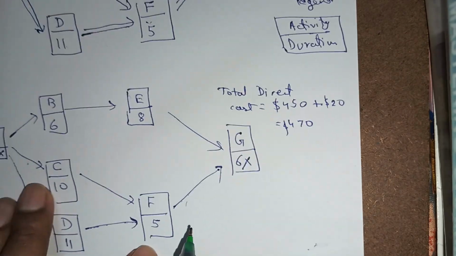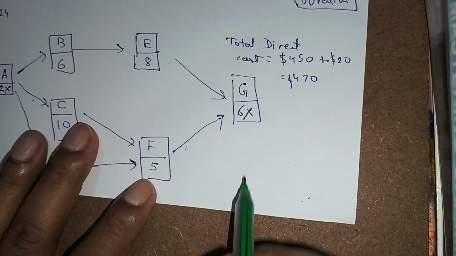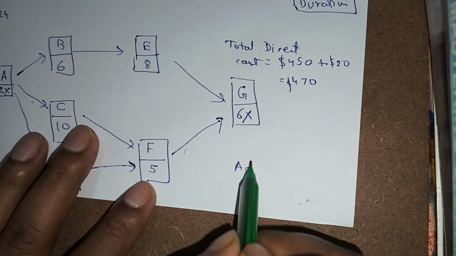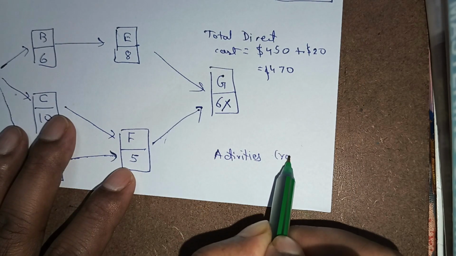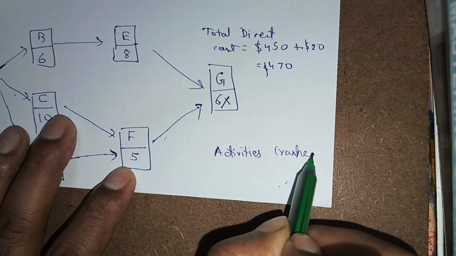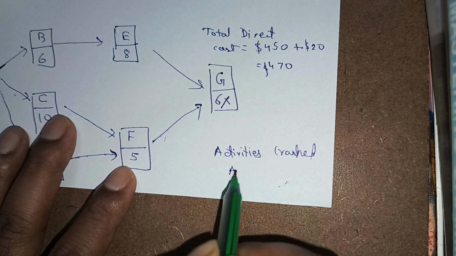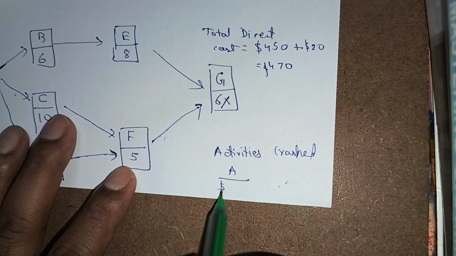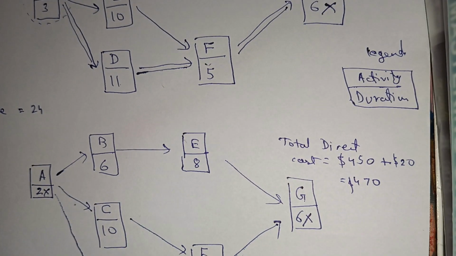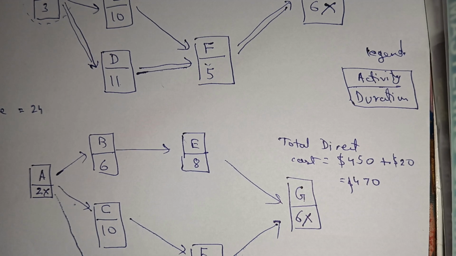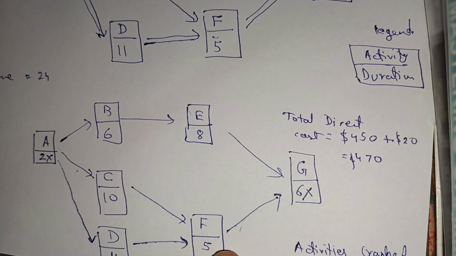And which activity did we crash? We can write this here. Activity crashed is A, and the cost is $20, okay.